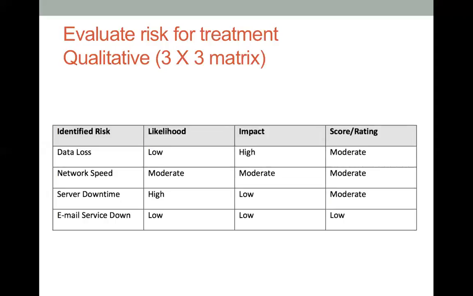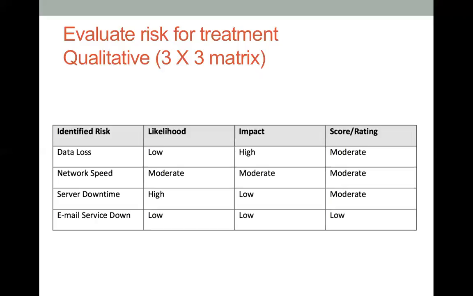Now, what do I mean by a 3x3 matrix? With a 3x3 matrix, we use a 3 rating scale for both likelihood and impact or consequence. We normally say low, moderate, and high. When we say low, moderate, and high, we are actually using a 3x3 matrix.